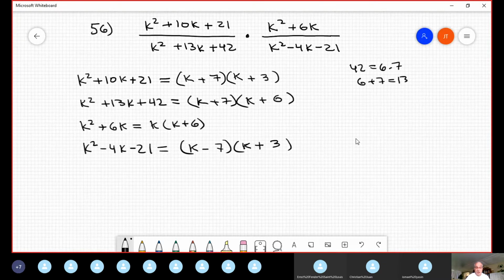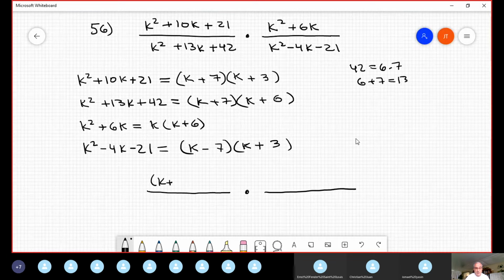We almost finished, because the only thing you should do now is copy my fraction again, but in factored form. The first trinomial is k plus 7, k plus 3. The second was k plus 7, k plus 6.